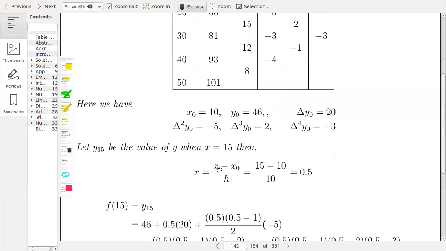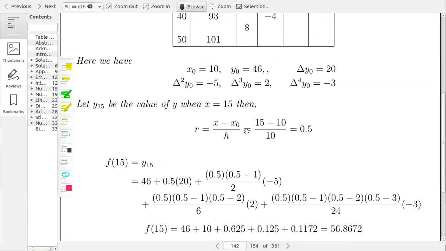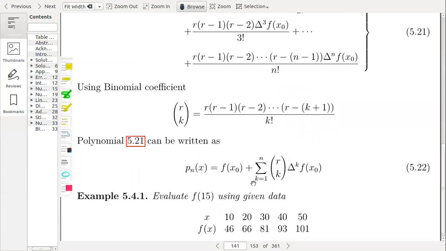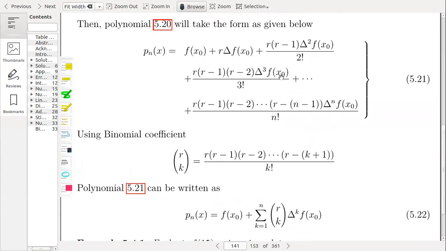Then we can write x minus x naught over h. We want to calculate the value of r. So it is (15 minus 10) over 10 is equal to 0.5. So here we have calculated r. And now just see this polynomial.